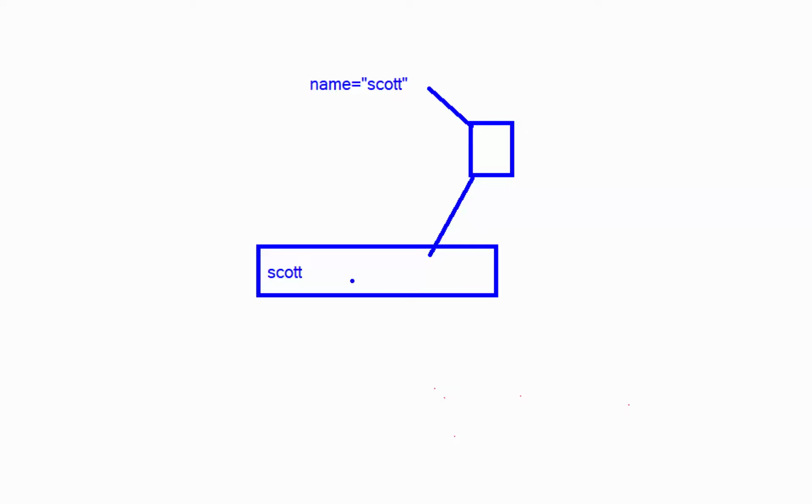Now, in case the text box value is modified from Scott to Amit or something, then again we need to execute this code to get the modified values and display them on the control.